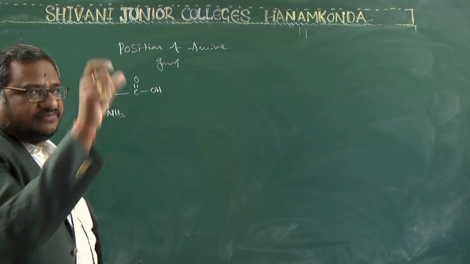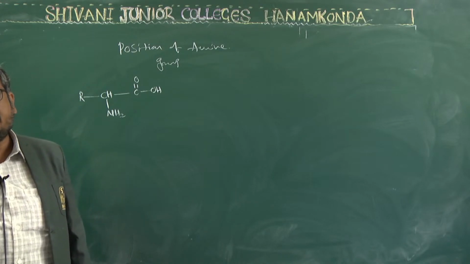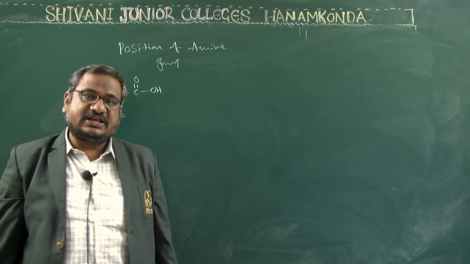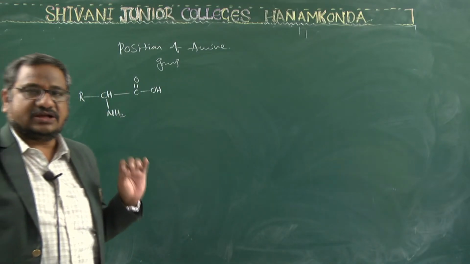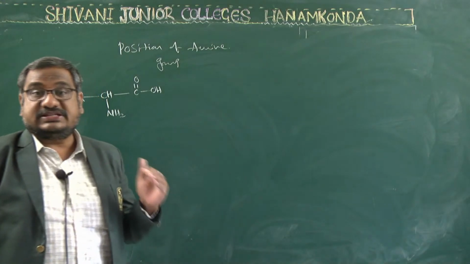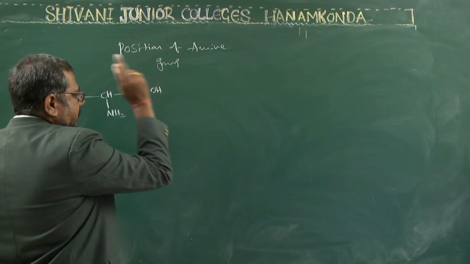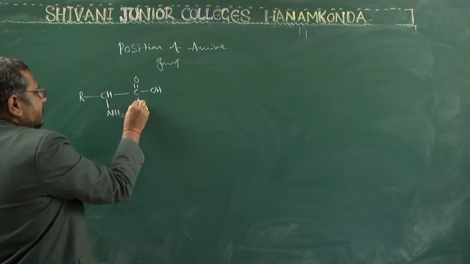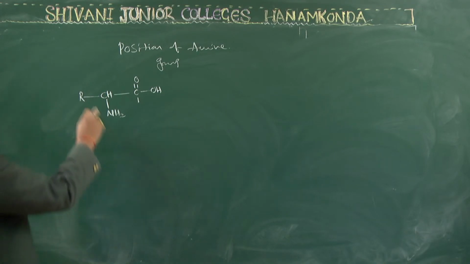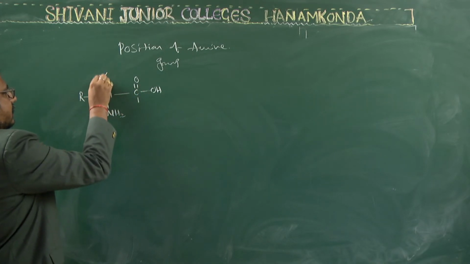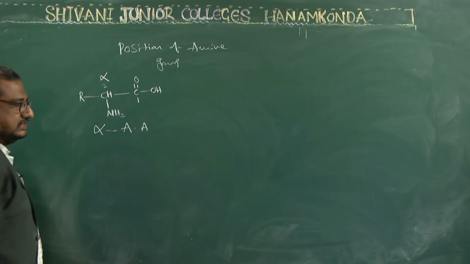According to the polyfunctional group order, if two or more functional groups are present, the decreasing order is acids, acid derivatives, nitriles, aldehydes, ketones, alcohols, amines, ethers, alkenes, halogens and alkynes. So the first priority goes to acids. The acid-adjacent carbon is the second carbon, and the carbon adjacent to the functional group is called alpha. So this type of compound is called an alpha amino acid.